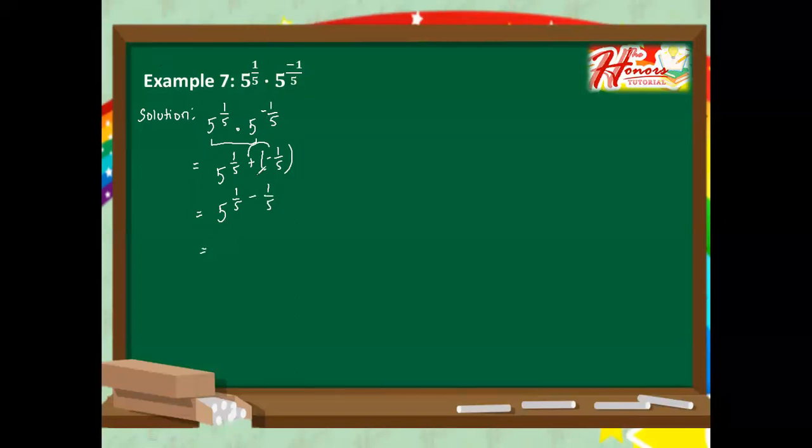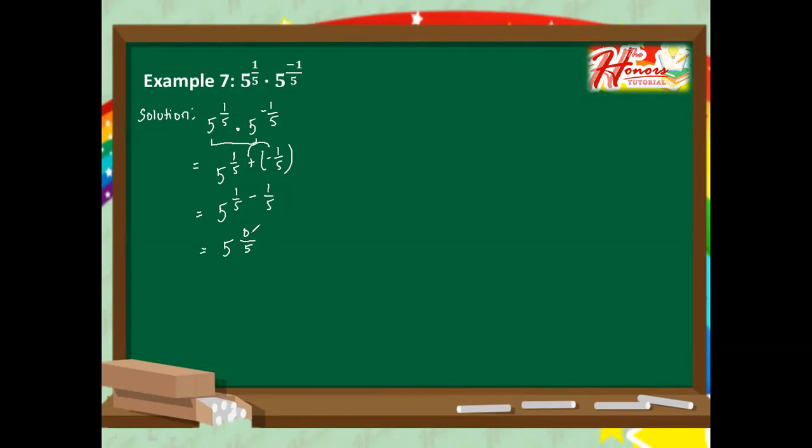So let's subtract because these are similar fractions. So we can easily subtract the numerator. So copy the base. 1 minus 1 is 0, and then copy the denominator. Let's simplify the fractional part here, which is the exponent.